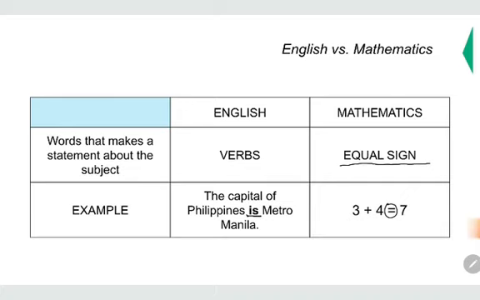So you can actually read it like this, diba? 3 plus 4 is equal to 7. So it's making a statement that 7 is also equal to, or has the same magnitude as 3 and 4 when you add them.